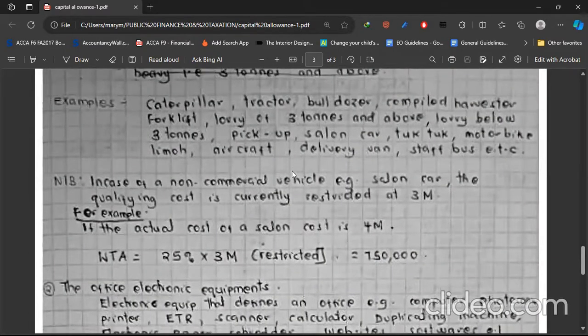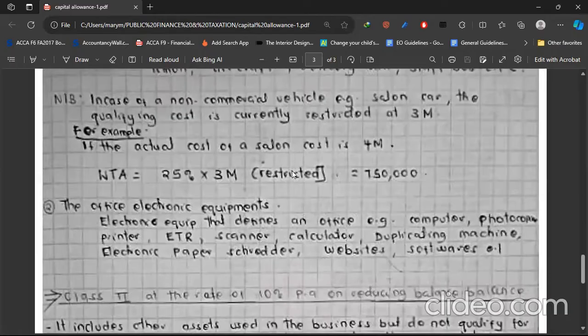You are just going to write on your computation of the capital allowances that the asset is restricted to 3 million Kenya shillings. That is how you calculate: you take 25% of 3 million, but not 4 million.